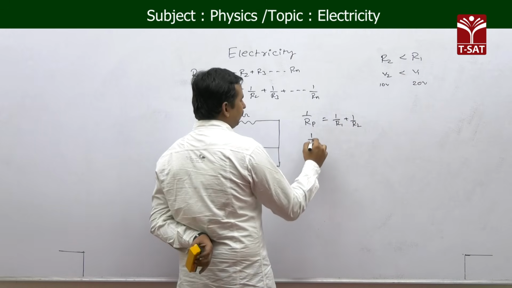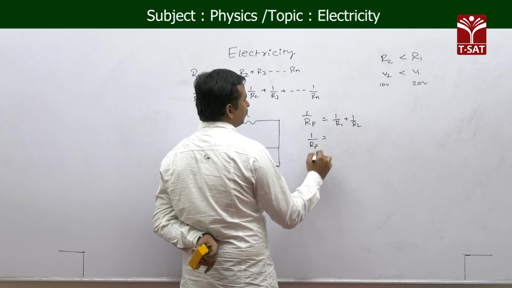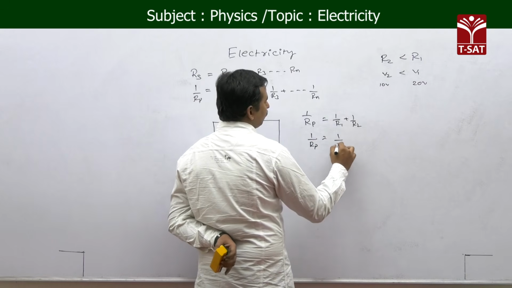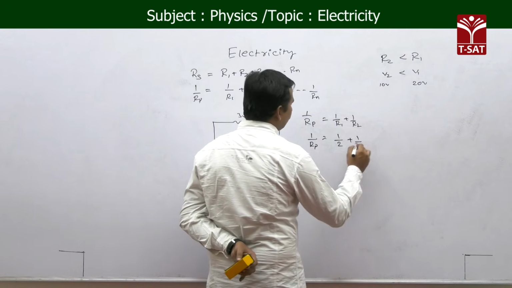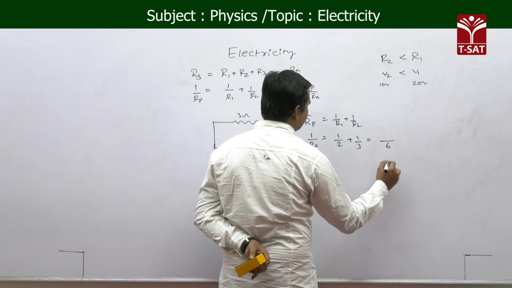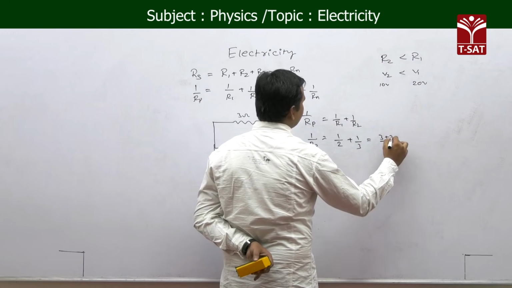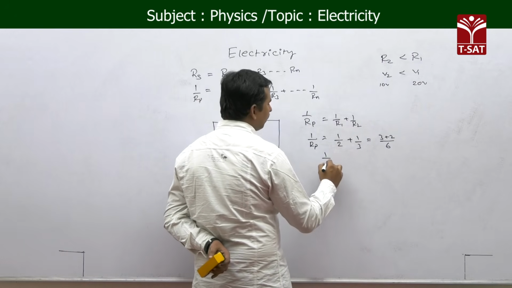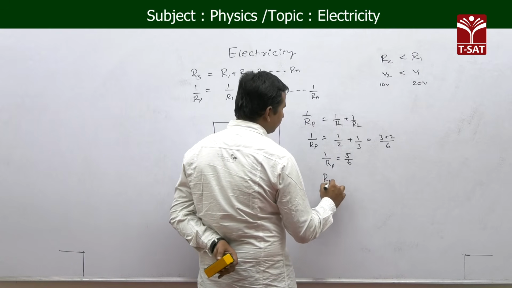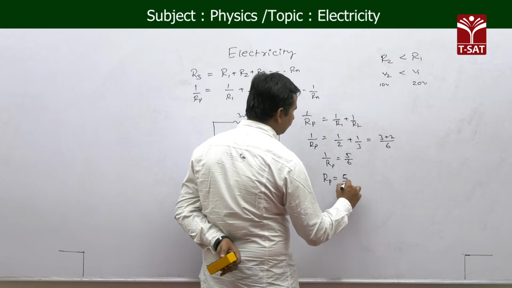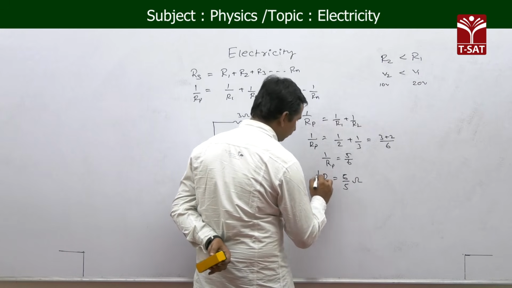Then 1 by Rp, the reciprocal of the resistance in the parallel connection, is 1 by 2 plus 1 by 3, whose LCM is 6, so 3 plus 2, which gives 1 by Rp equal to 5 by 6. Then the resistance offered is 6 by 5 ohms, which is 1.2, so Rp is 1.2 ohms.